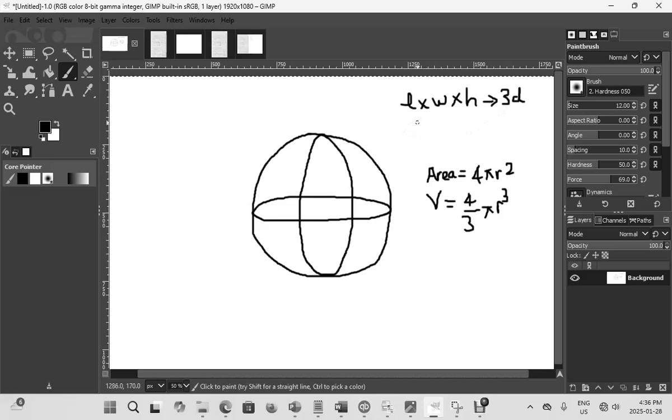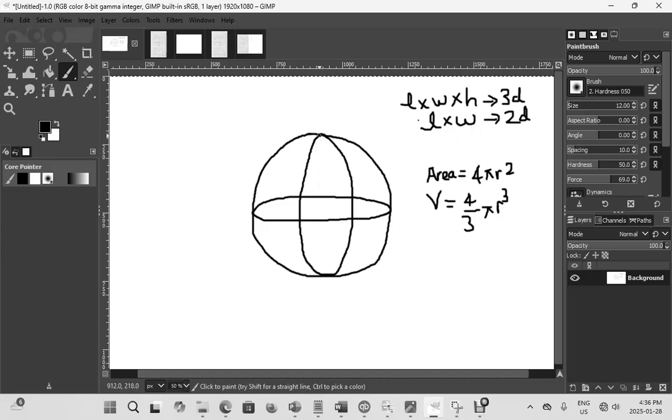Anytime you have a 2D object, let's say a circle, and you want to figure out length times width, this is basically your circle. So you're trying to figure out the area of a circle by figuring out the length times width.